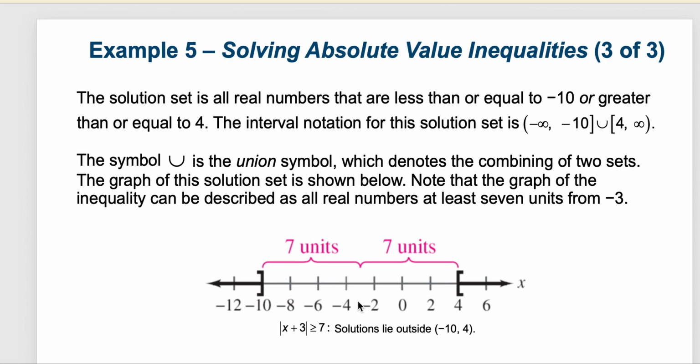This is your solution set. So again, it's negative 10 and 4. These are your endpoints, negative 10 and 4. And our solution set is all the real numbers except this: negative infinity to negative 10 and 4 to positive infinity. So that's what our solution is.